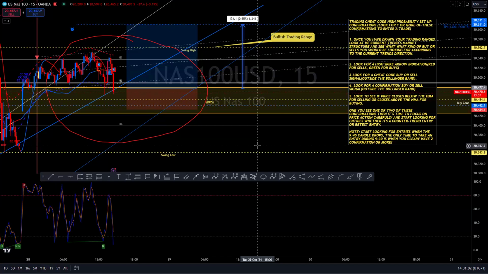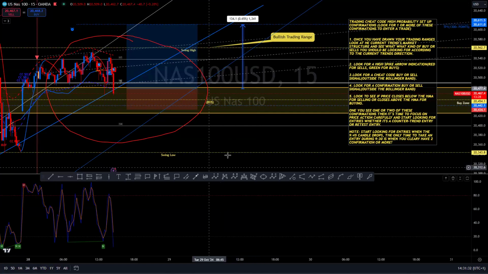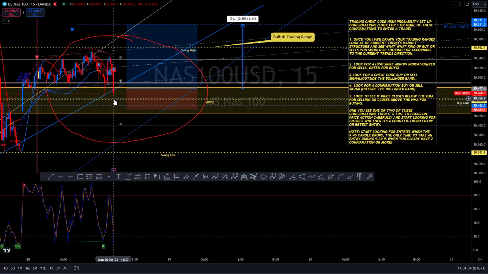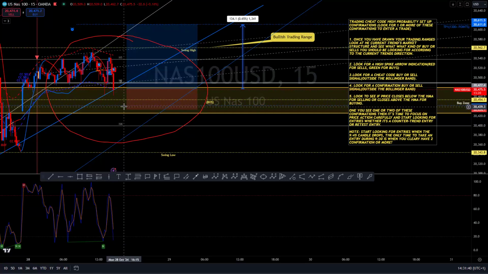To the 9:30 candle. That's what I'm going to do. I mean, the 9:45 candle. Now, one of the things I want to look for as well is to see if we get a high spike arrow as well. And then it should give us a buy or confirmation buy too.